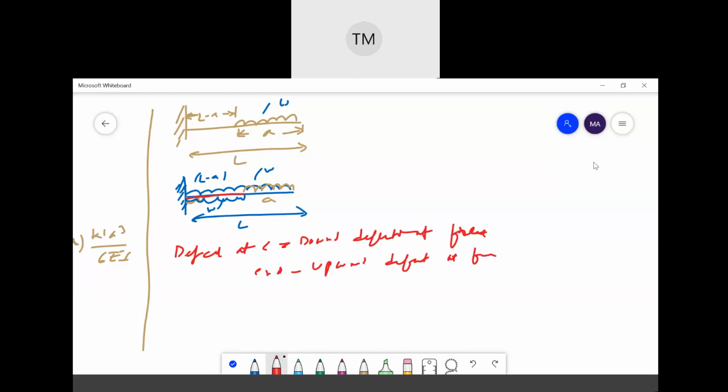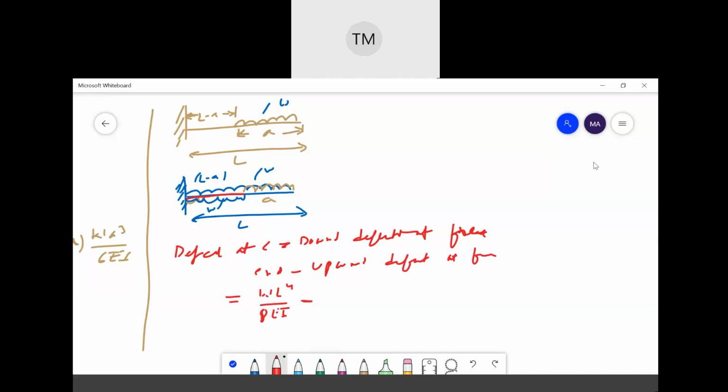What is the downward deflection? It means the total deflection due to the UDL acting over the distance of L meters. You have a direct formula for this: w L to the power of 4 by 8 EI, minus the upward deflection, for which you have a formula.